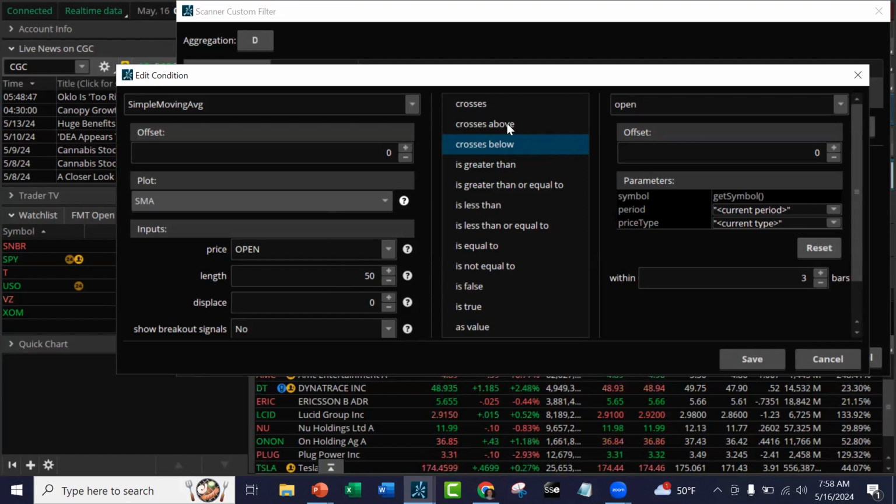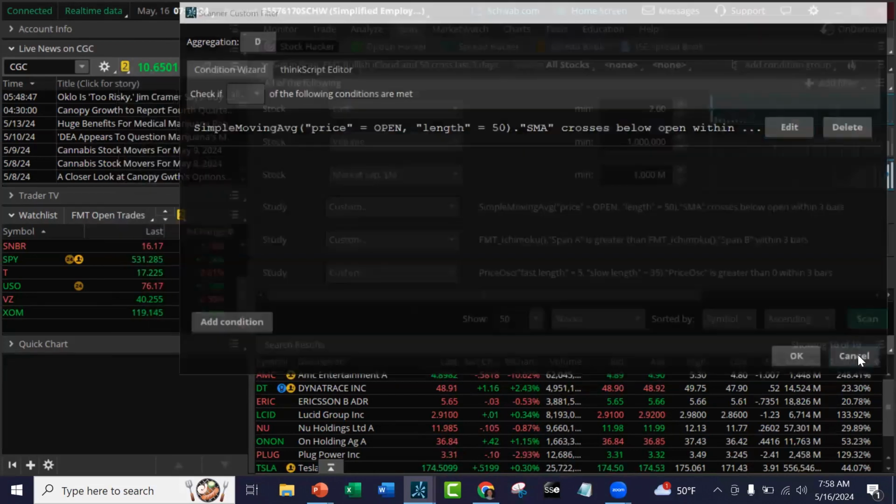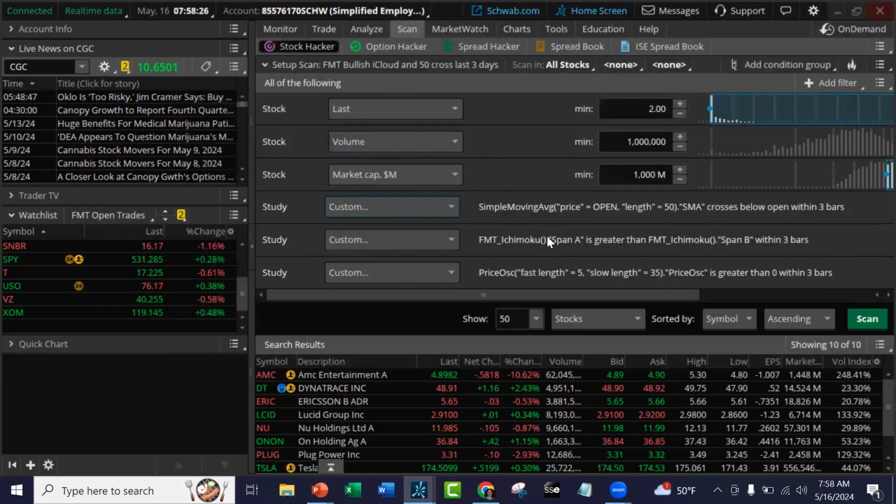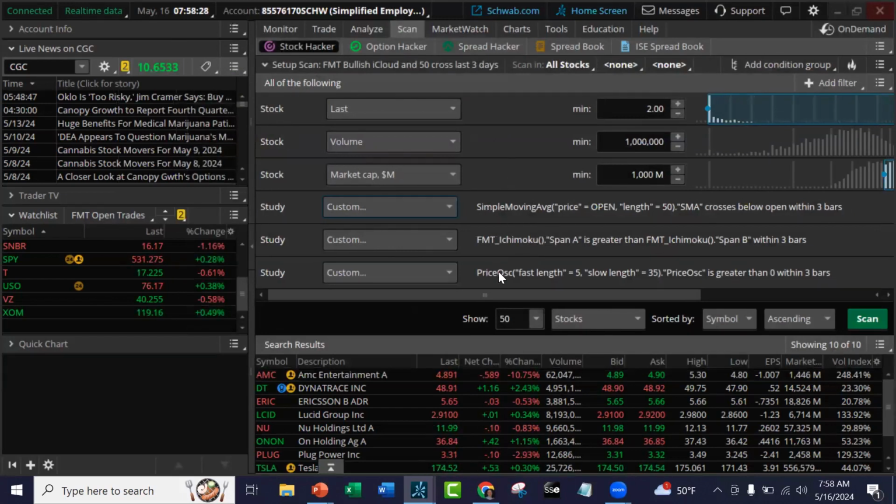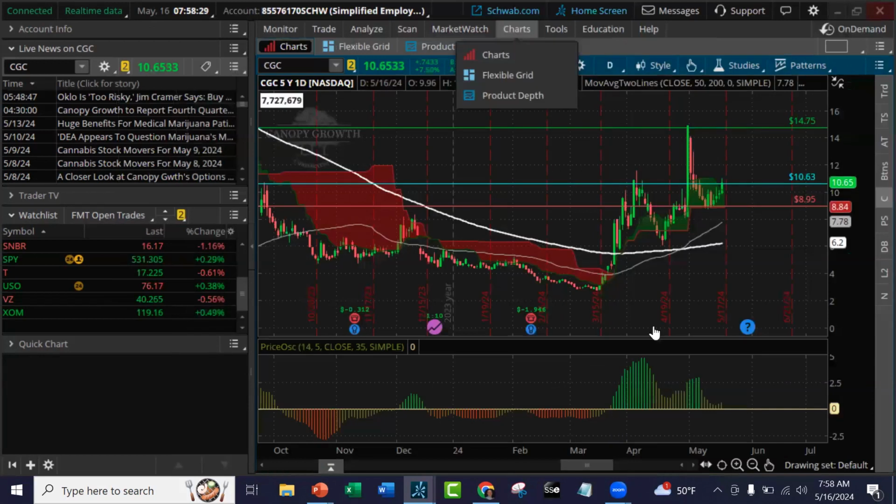I put crosses above. I thought that meant price, and it wasn't working right. So when you want price above the 50-day moving average, you put crosses below. The line crosses below price. Okay. And then I've got my price oscillator, which I showed you on my chart down here. This is a great momentum indicator.